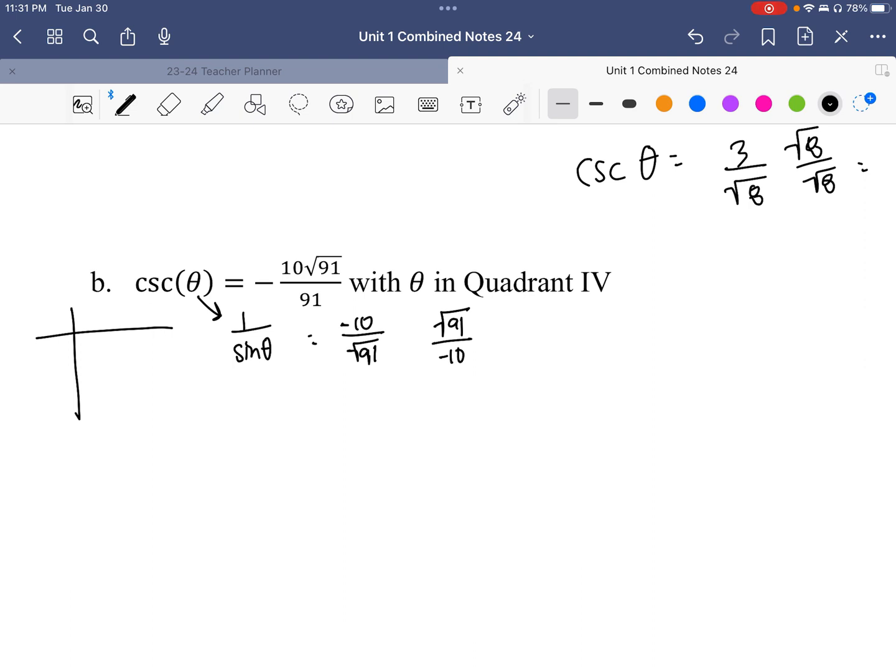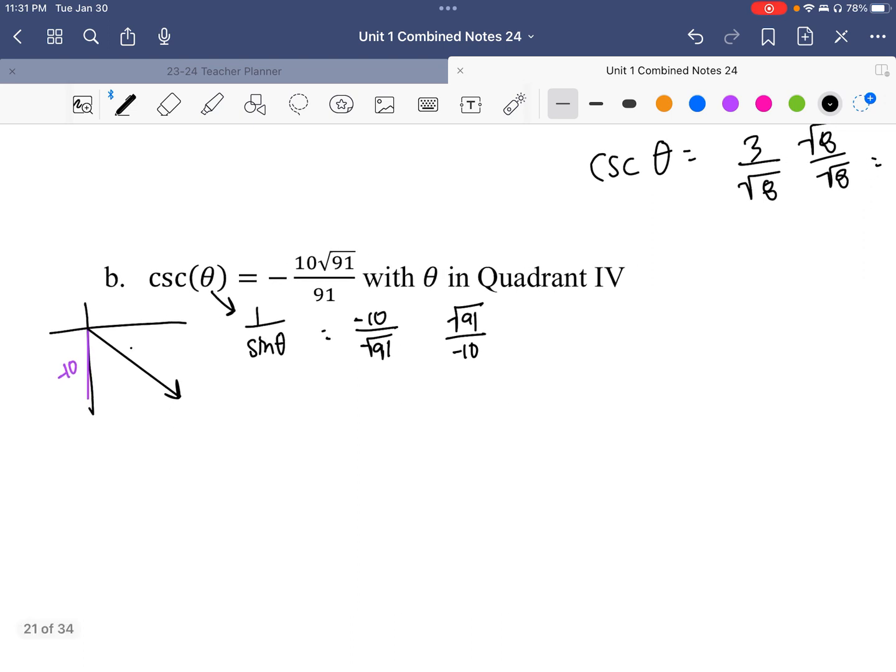over negative 10. Okay, so I know my sine is my y value, so I know that this is going to be negative 10. Okay, I know that my angle is somehow in here. Alright, and I know that my hypotenuse is the square root of 91. So really all that I don't know is this a value over here.